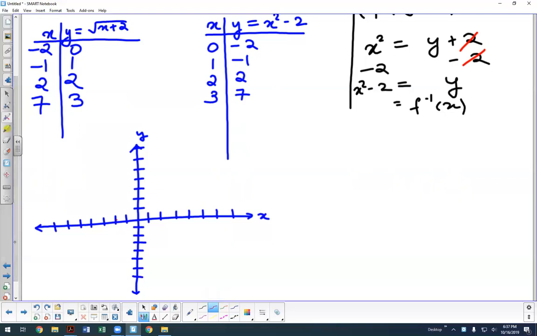So we've got -2, 0, -1, +1, +2, +2, and then 7, and +3.